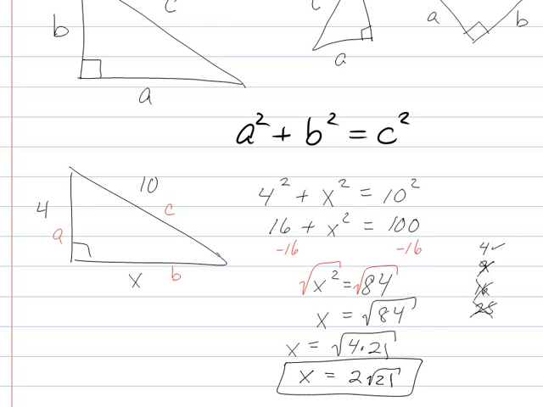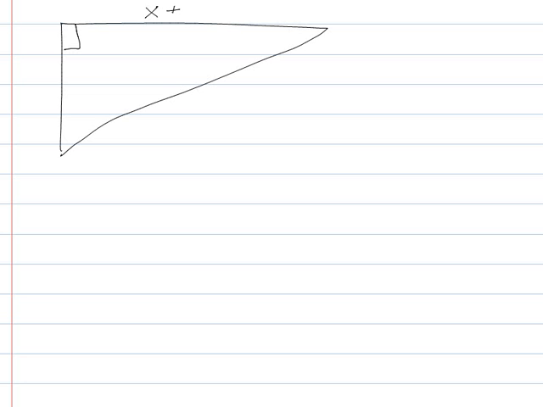Now we can make them a little bit more interesting for the purposes of doing this. So I'll draw a right triangle like this, and say this is something like that, and then it would say find x.